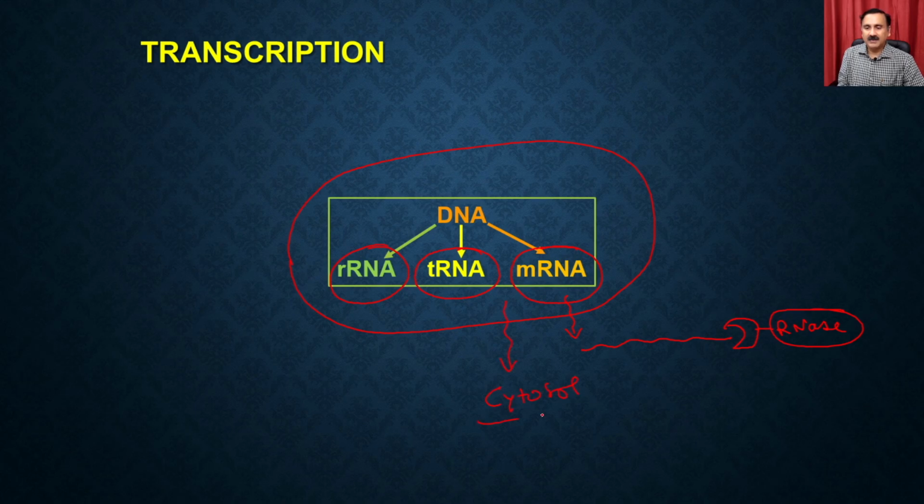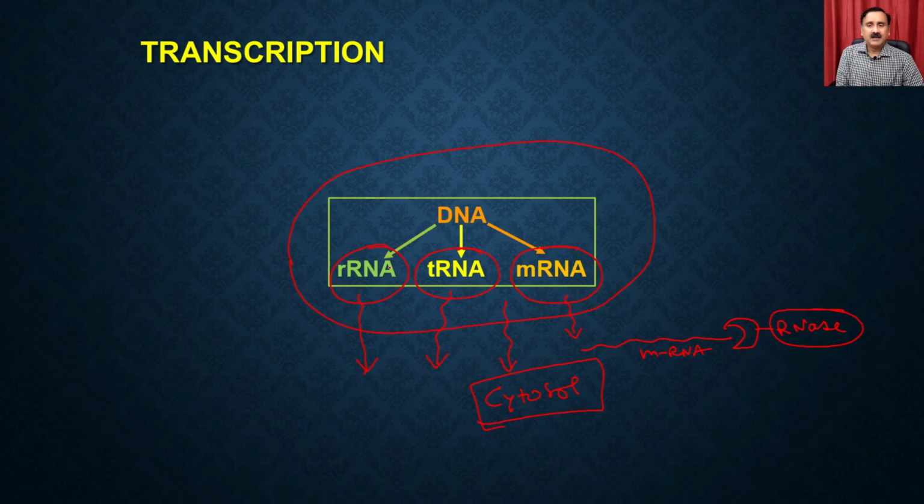And once they are in the cytosol, they are susceptible to different types of damage. For example, the messenger RNA is susceptible to RNases. The same is true for the tRNA, and the same is true for the ribosomal RNA.